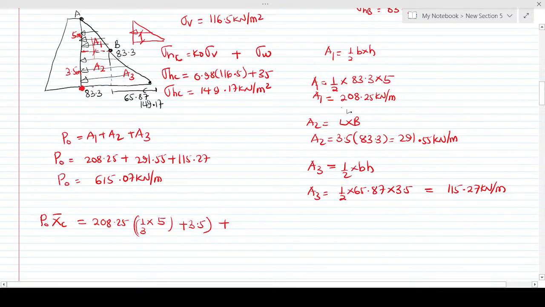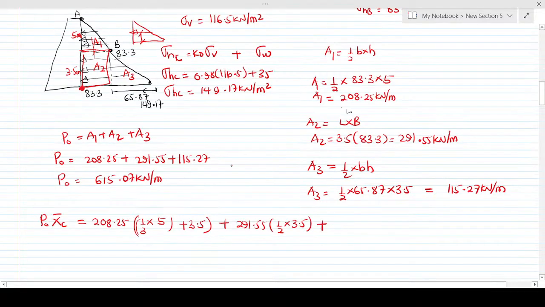the other shape, this one here. That is the area 291.55 times its centroid, which is a rectangle, so half times its length, that is 3.5.